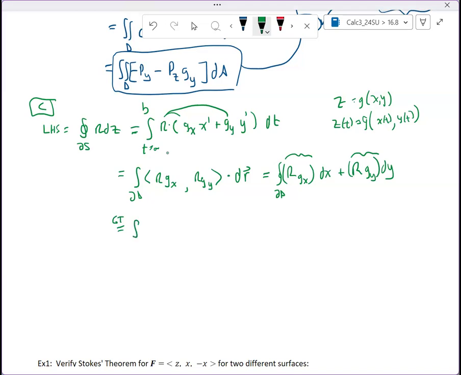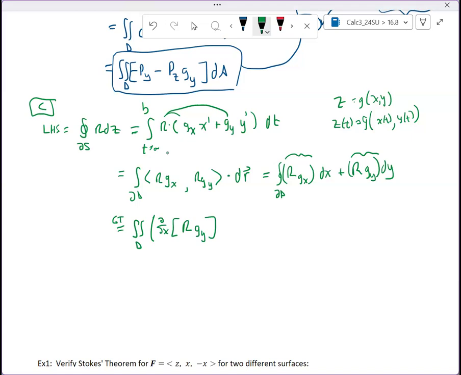But by Green's theorem, this is the double integral over the interior of that two-dimensional domain D of what? The partial with respect to x of the thing on the dy bit. So R gy. Remember, R is a function of x, y, and z, and gy is a function of x and y.